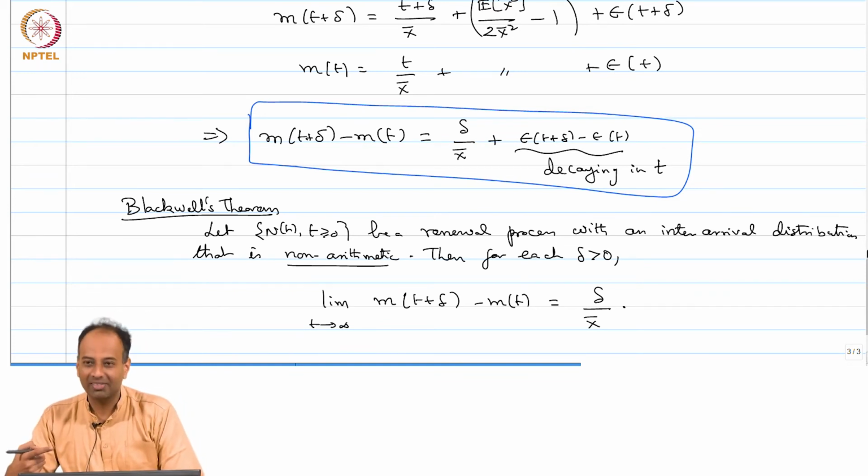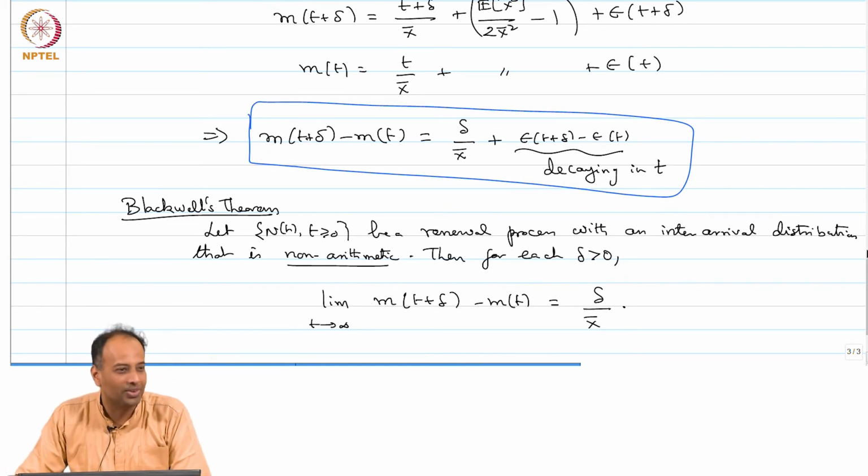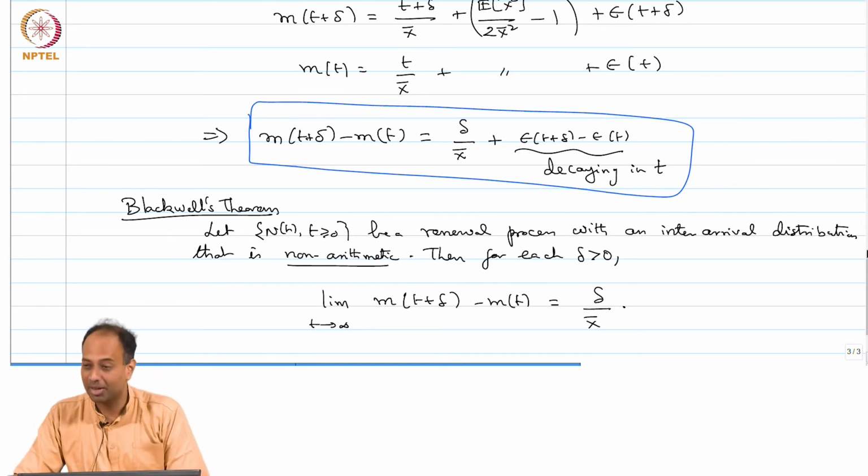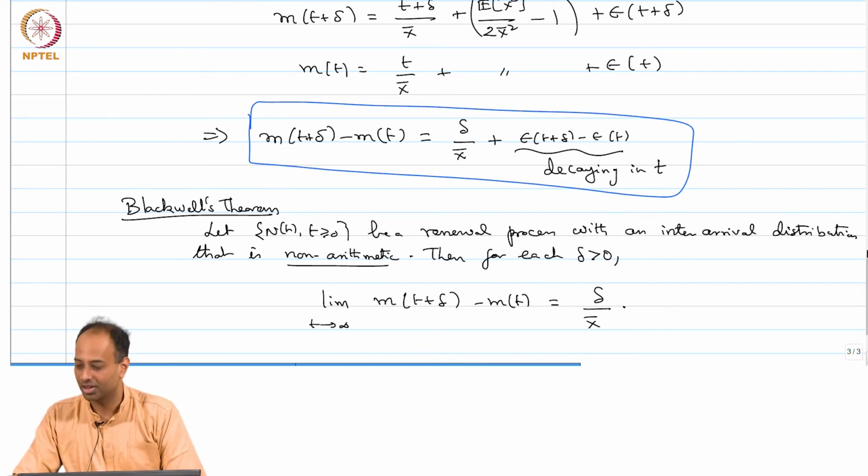So, the above derivation is sort of an appetizer, it tells you why the theorem is true, but it is not a proof, and in fact Blackwell's theorem proof is very non-trivial. We will not do the full proof, it is not a good use of class time. Even Gallager omits the proof, and he cites Feller volume 2 for the proof.